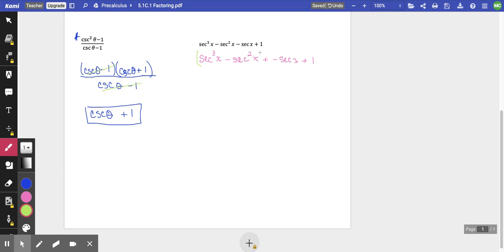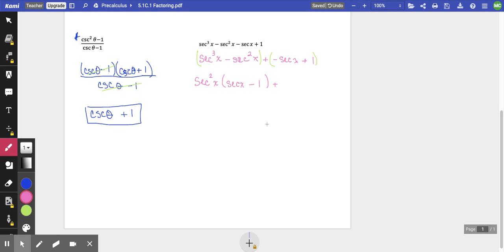Then I can group together the first 2 terms, leave the plus sign in the middle, and group together the last 2 terms. Now look for a greatest common factor in each of the groupings. That first grouping, there's a secant cubed and a secant squared. So they actually have a secant squared in common. So if I factor that out, that would give me a secant of x minus 1 left over.